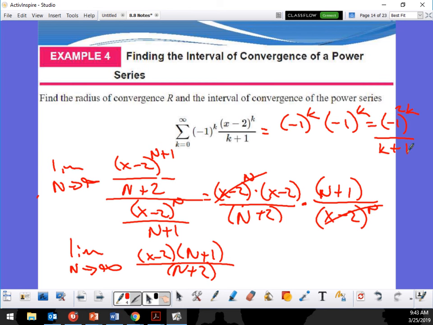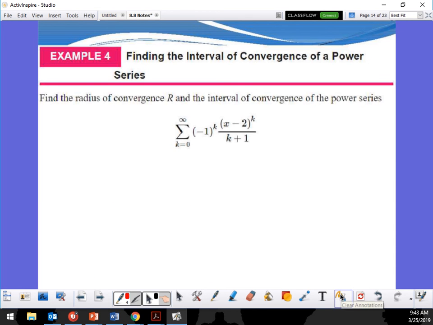Now let's check the 3. If I check 3, that's going to give me negative 1 to the k, and a positive 1 to the k over k plus 1.